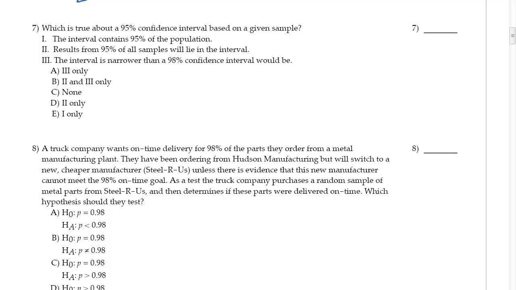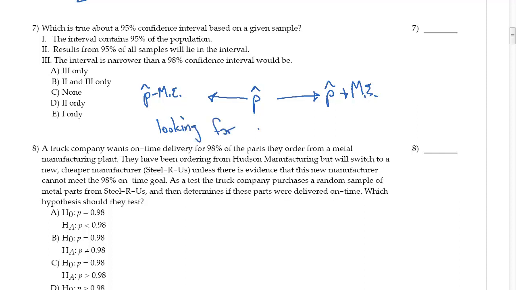Which is true about a 95% confidence interval based on a given sample? Hopefully I made it really clear in class that p hat is in the center, and I go off to the left with p hat minus my margin of error, and up with p hat plus my margin of error, and I'm looking for p.